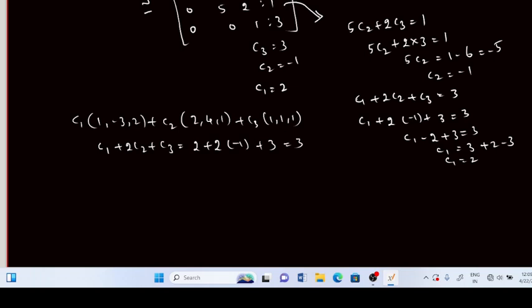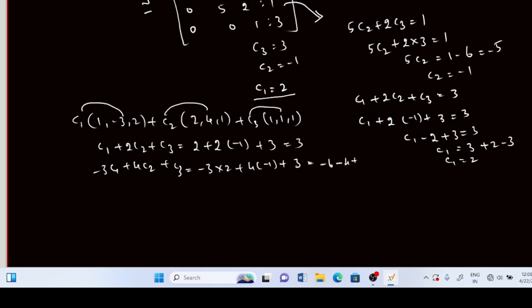Similarly, the second term: minus 3 times C1 plus 4 times C2 plus C3. Substituting, minus 3 times 2 plus 4 times minus 1 plus 3, we get minus 6 minus 4 plus 3, which is minus 7.